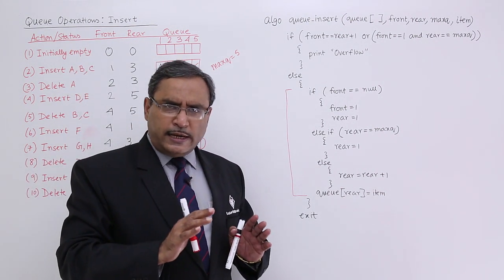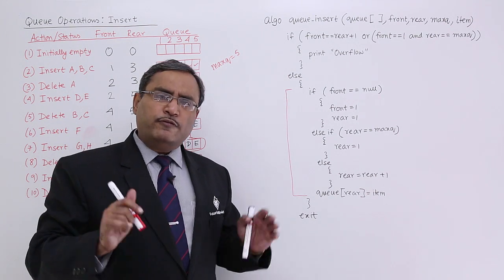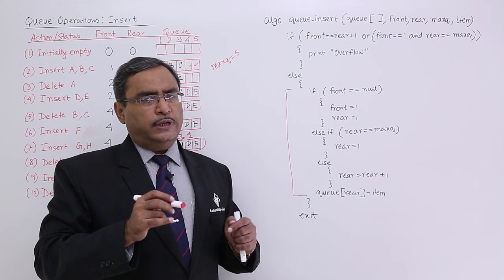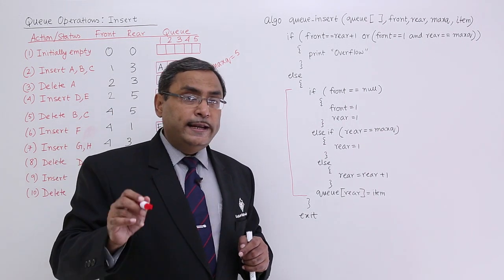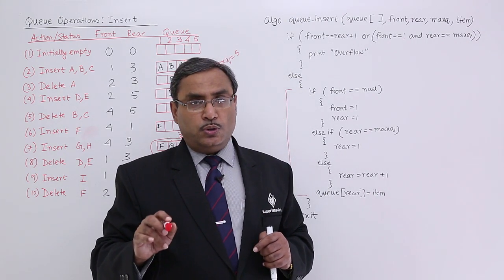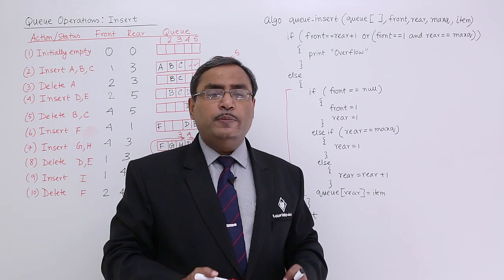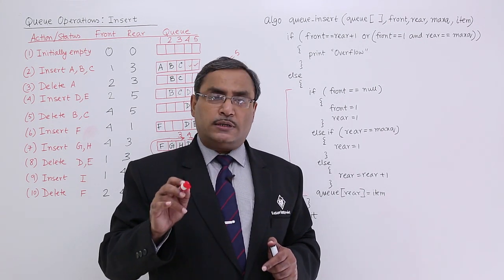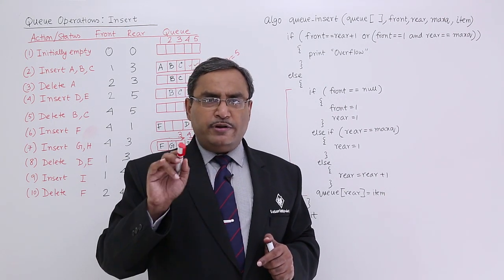So, what is the queue insert algorithm? I should first check the overflow condition. What are the overflow conditions? If front is equal to rear plus 1, that is overflow condition number 1 in the circular logic, or in the linear logic, if front is equal to 1 and rear is equal to max q, print overflow. Otherwise I do the rest. If front is equal to null, the queue is completely empty, then front is equal to 1 and rear is equal to 1.